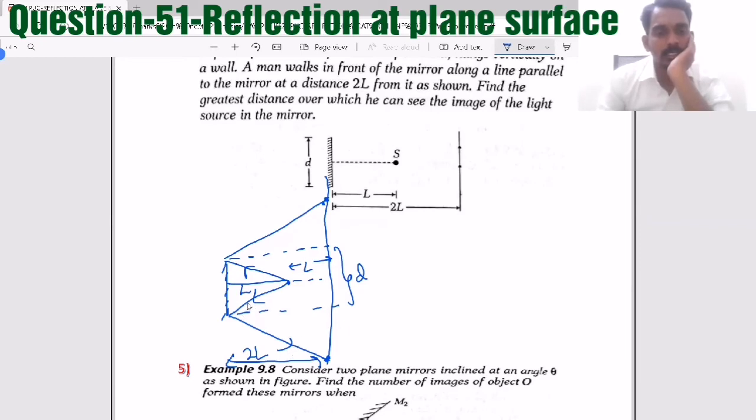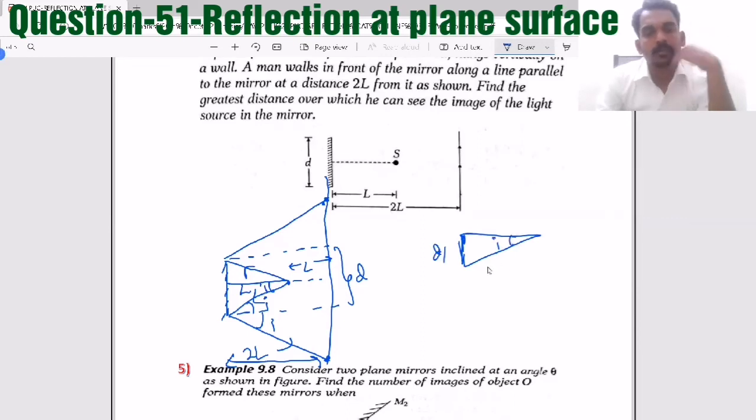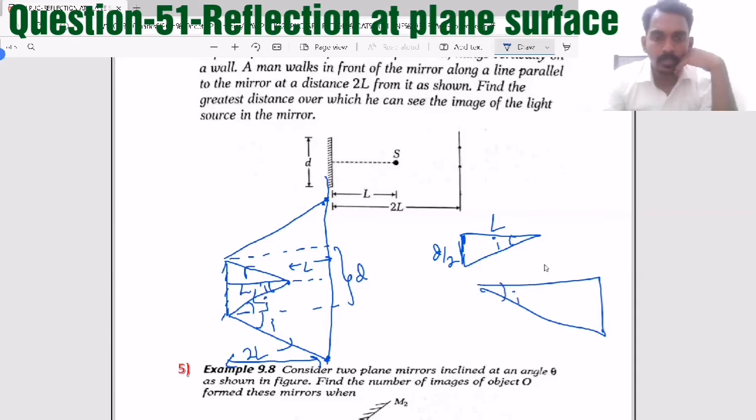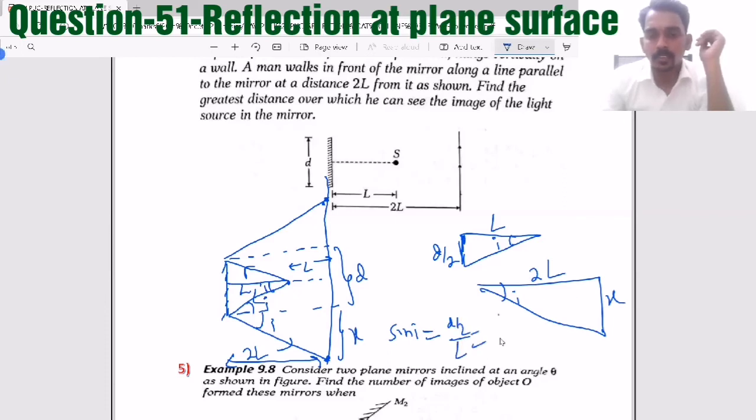Now see here, this is the angle of incidence i, and this is also i. If you take the small triangle, this is i, this is D by 2 and this is L. If you take this big triangle, this is i, this is 2L, and this one we don't know, let's say X. Now here sin i equals D by 2 by L. Here sin i is X by 2L.